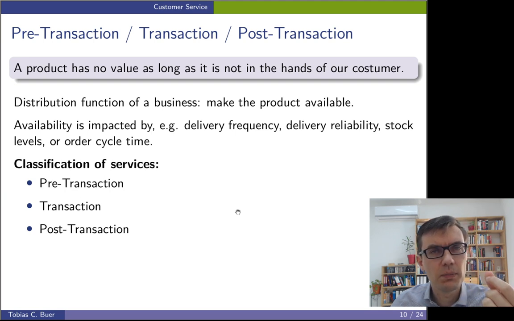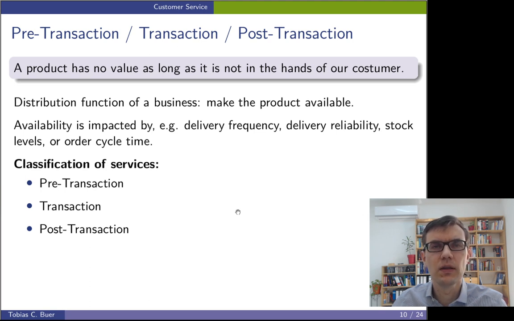The car only becomes valuable for our customer as soon as the customer has control over the car, can use the car. At this point in time, the car creates value for our customer. Not earlier, not later.